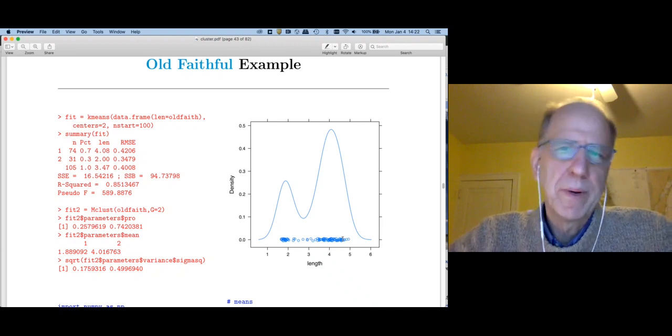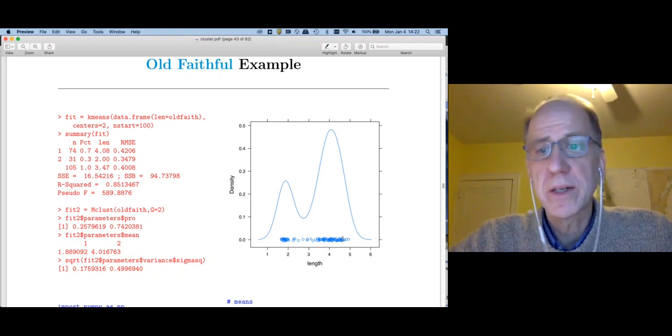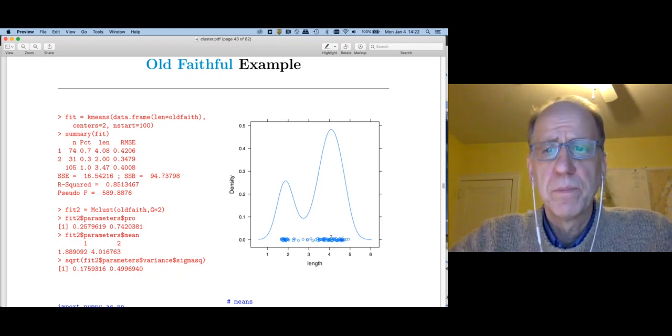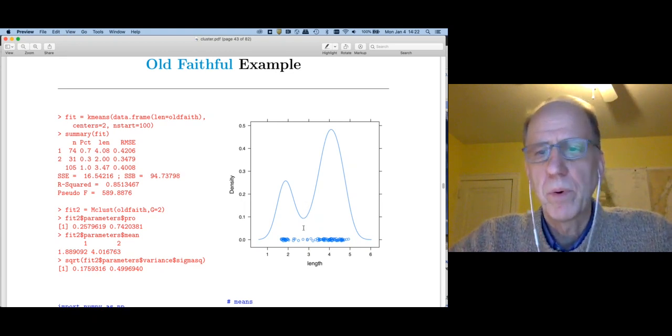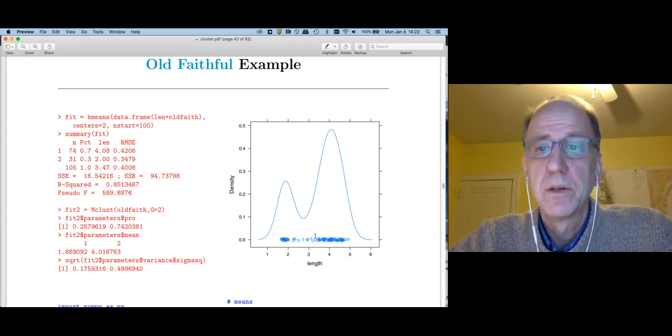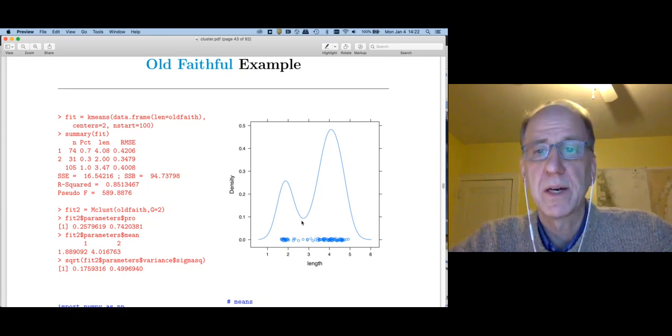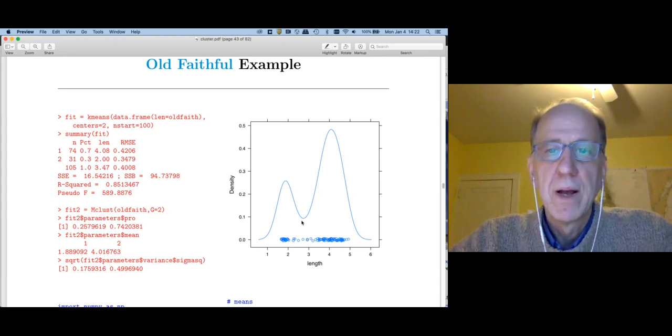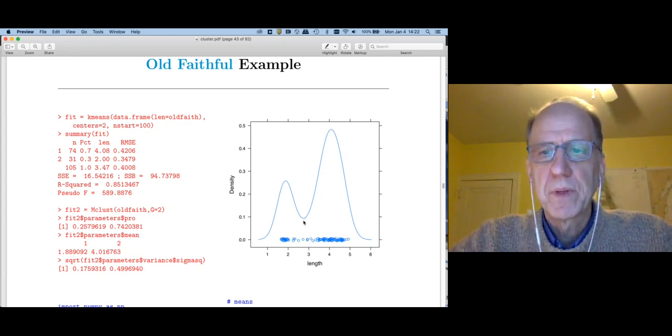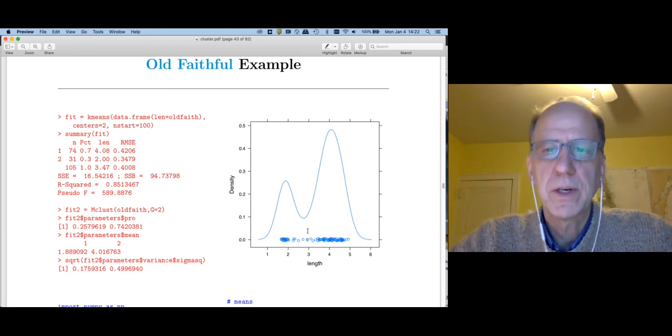The other thing that we know about k-means is that it does hard assignment. So there will be some dividing point where all observations to the right of that get assigned to the right cluster, and all observations to the left will get assigned to the left cluster. As a consequence, we're going to have the tails of these two distributions truncated.